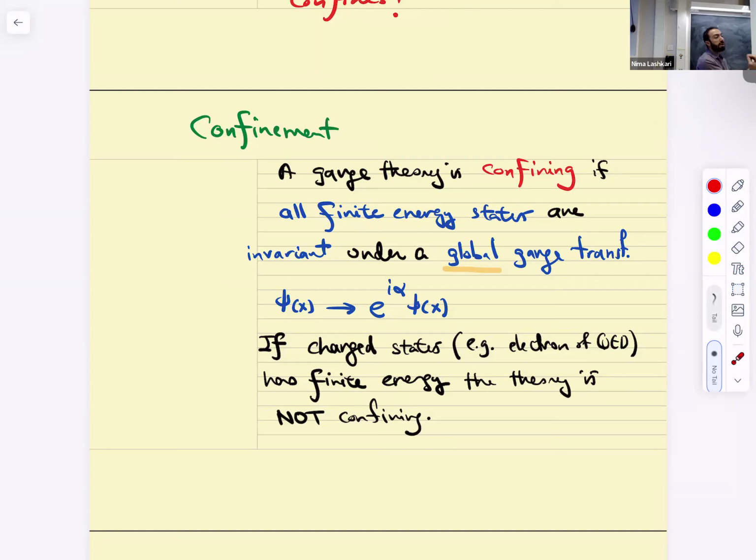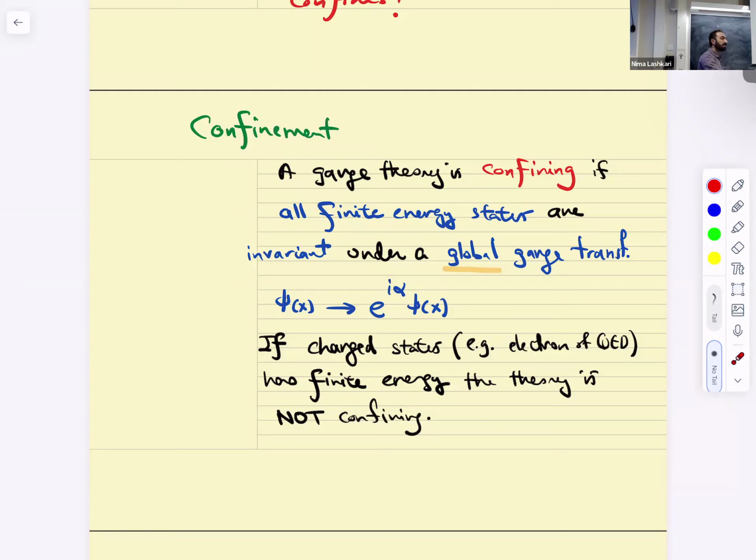What are non-charged excitations on top of the vacuum? What are charge zero excitations on top of the vacuum? Can you give me an example?